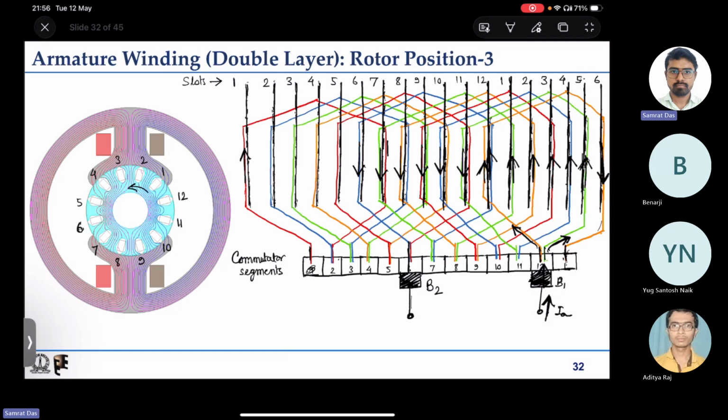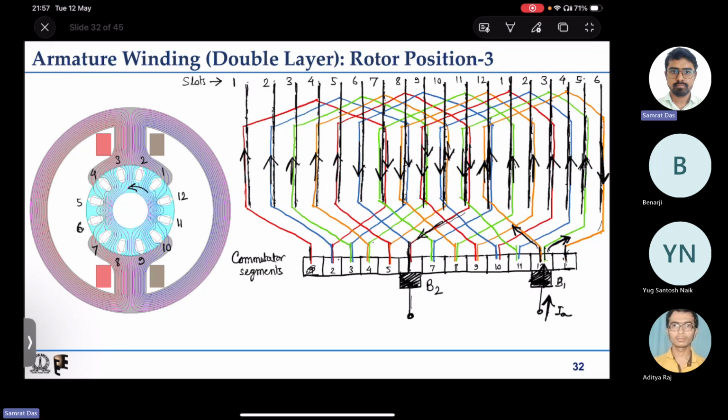Now it will complete bottom, red to blue, blue to blue bottom, now blue to green, green bottom, green to orange, orange bottom, orange to red, red, then red bottom, then this red current is coming and that will get collected by this brush.